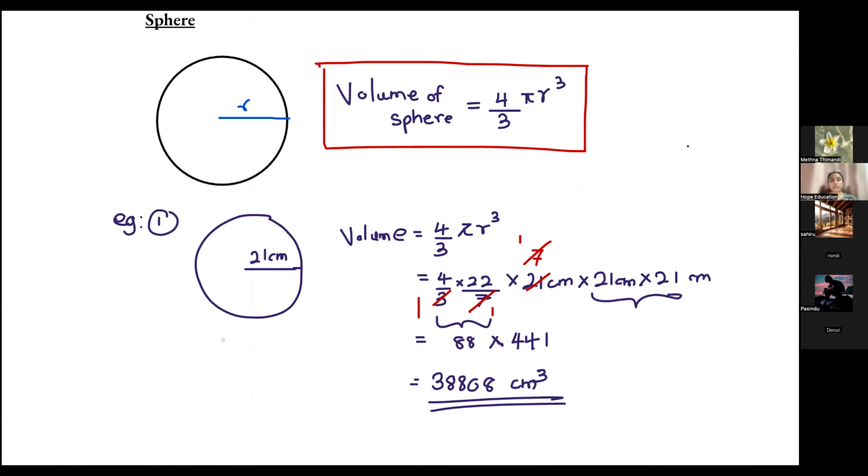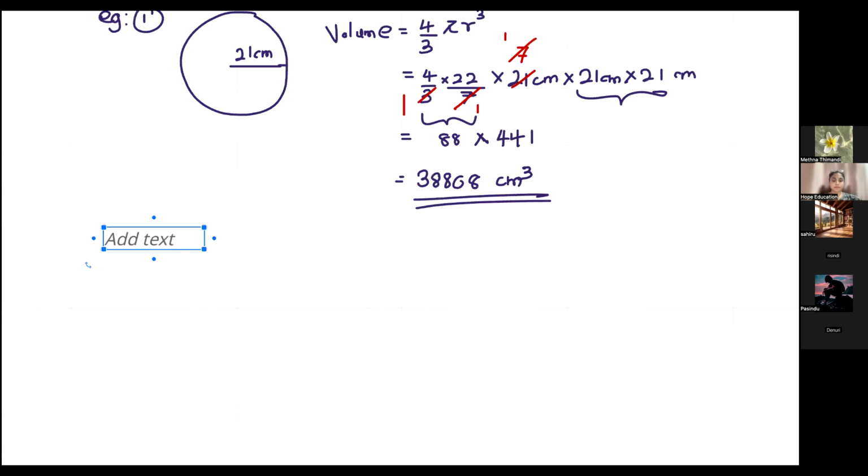Okay, shall we do a question from this part? Exercise 5.3. We have quite a bit of homework this week, so we'll slowly discuss the homework.